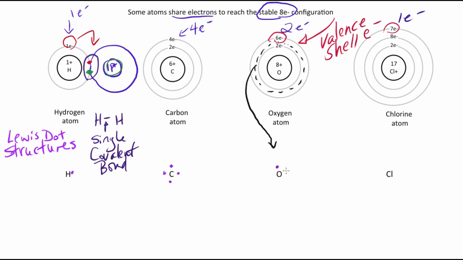I like to draw 1 on each side, and then go back with number 5 and number 6 and draw paired electrons. Chlorine has 7, so 1, 2, 3, 4, 5, 6, 7.